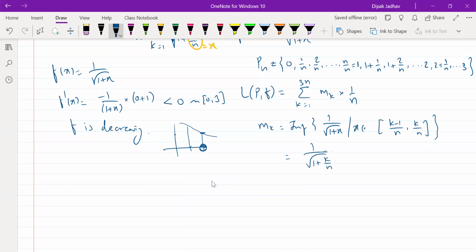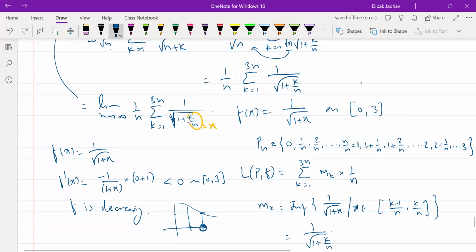And then you plug in the definition of the lower Riemann sum. We have summation k from 1 to 3n, 1 by n, 1 by square root of 1 plus k by n. That is exactly equal to the limit that we want to evaluate.